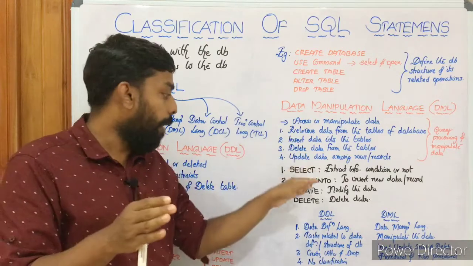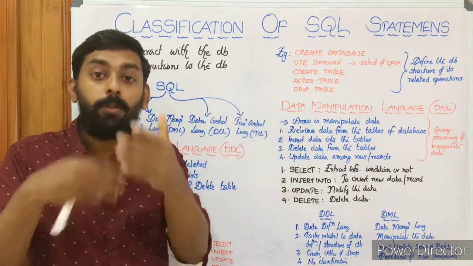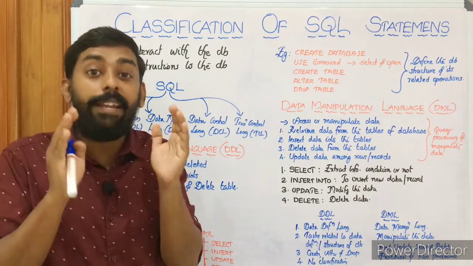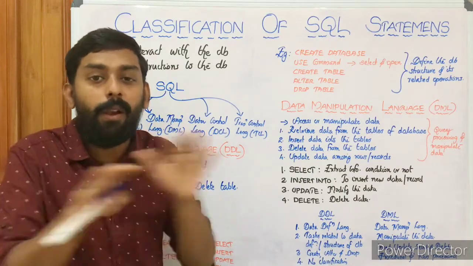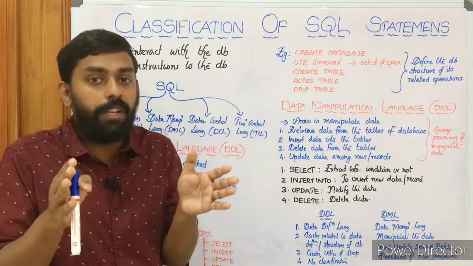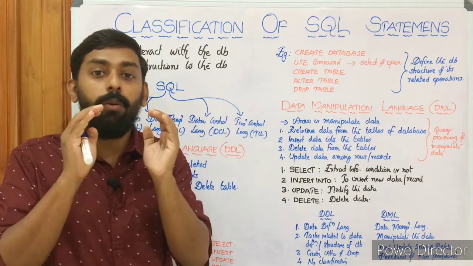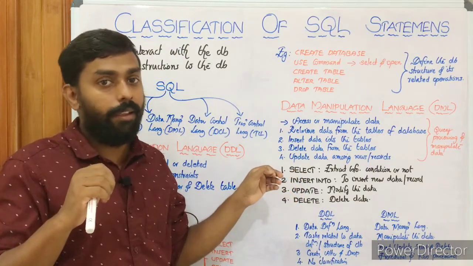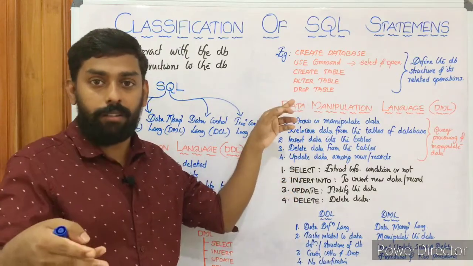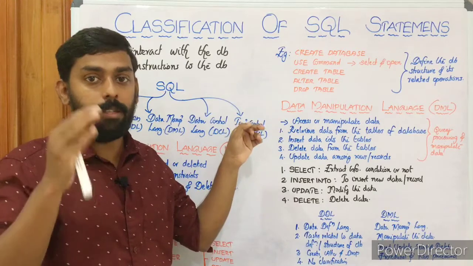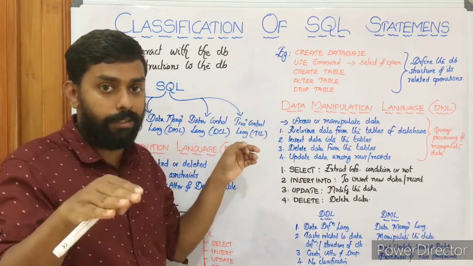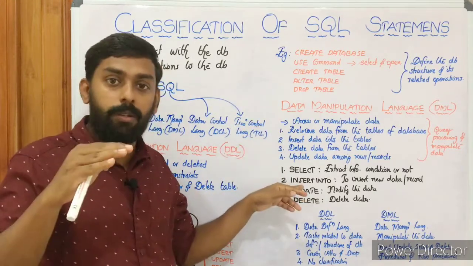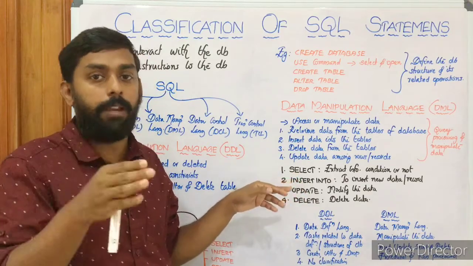But update is simply used to update the data. It has no connection with the definition or the structure. Alter is used to modify the structure of the table by adding a new column or removing an existing column, but update is used to update the data, from 95 to 98.